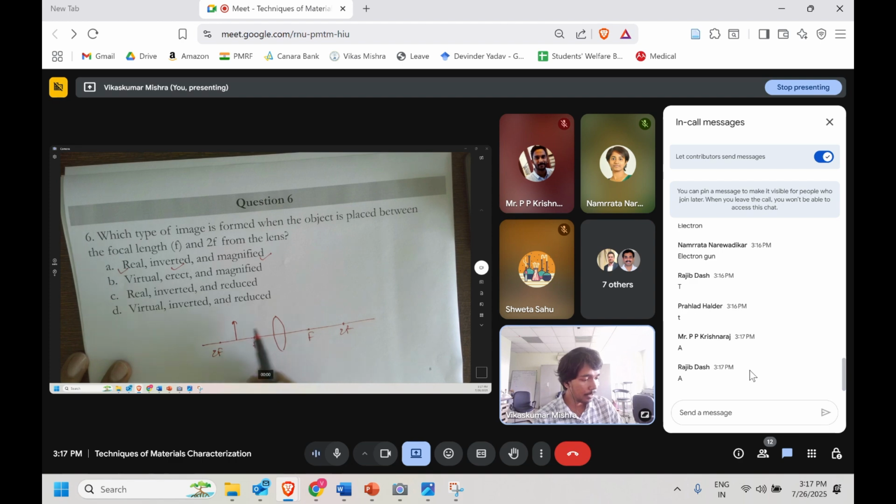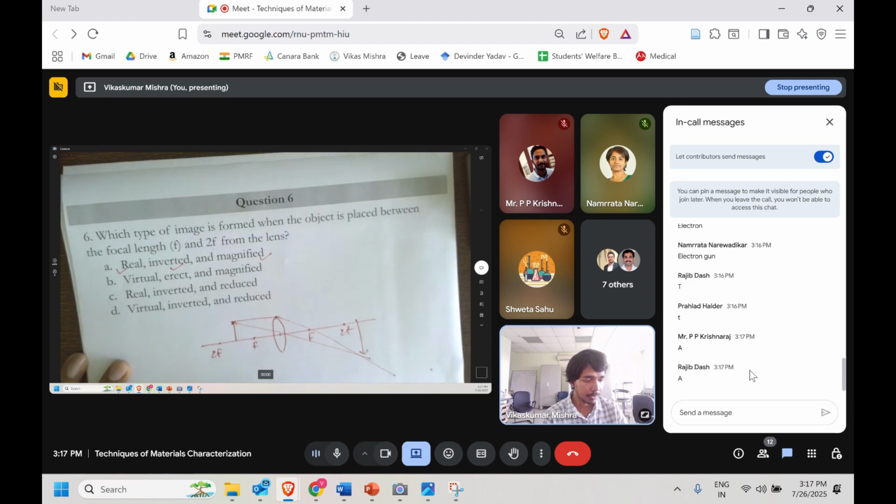If we follow the optics, the ray should pass through the center, and the next ray will bend. So we can see that the final image will be quite enhanced.